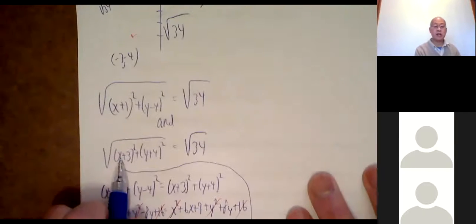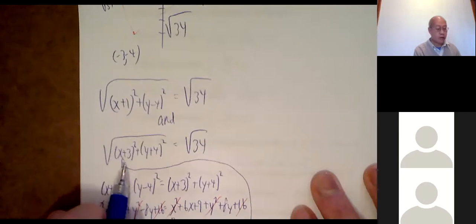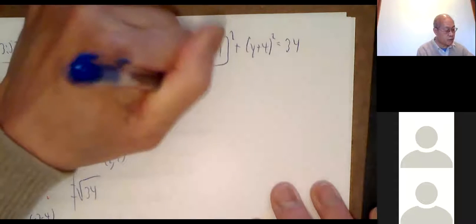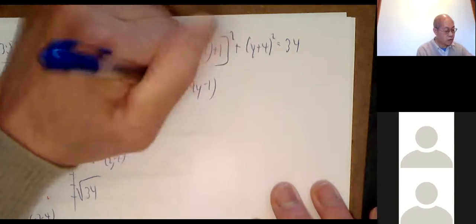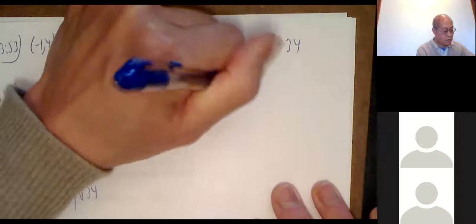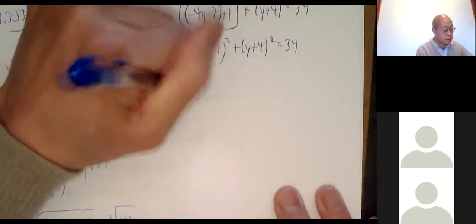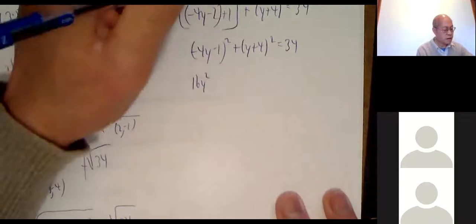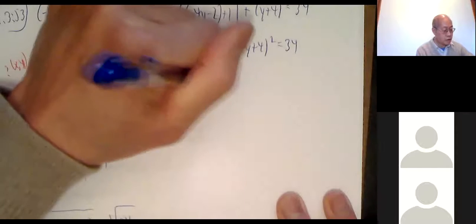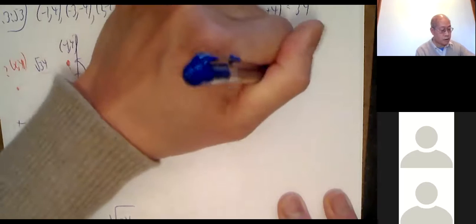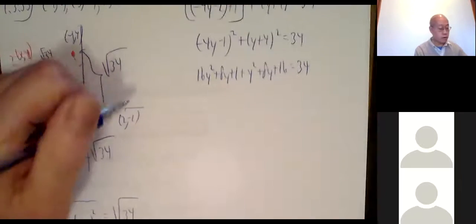I'm taking this equation and putting in place of x, negative 4y minus 2. That's going to be negative 4y minus 1 squared plus y plus 4 squared equals 34. See, 16y squared plus 8y plus 1 plus y squared plus 8y plus 16 equals 34.